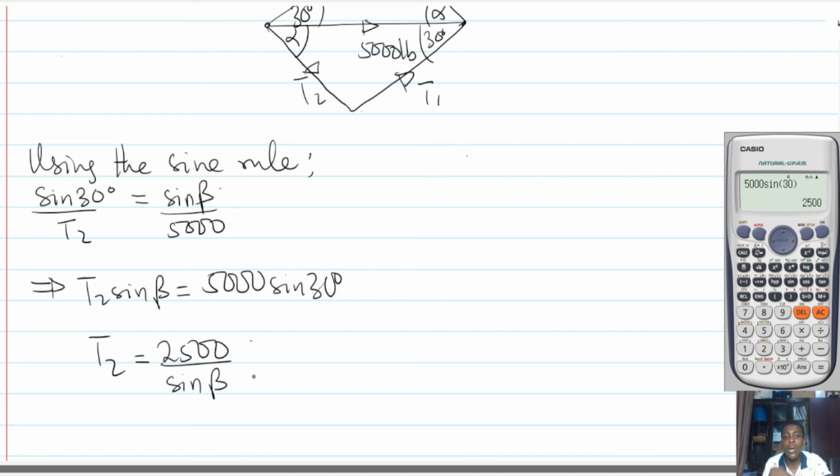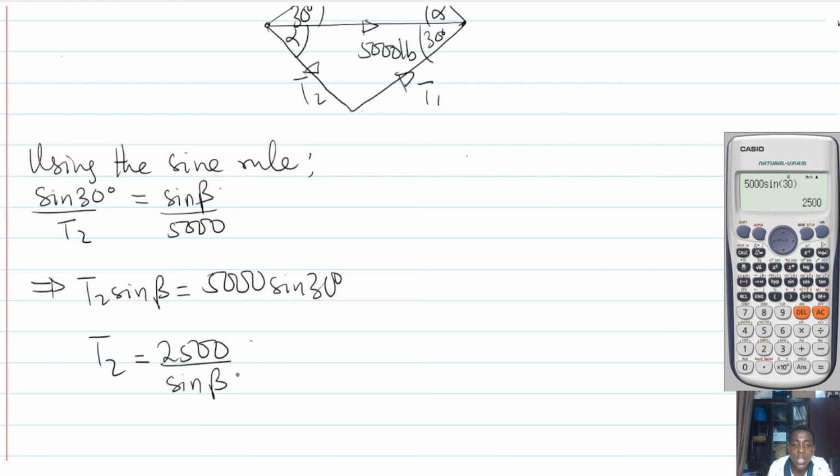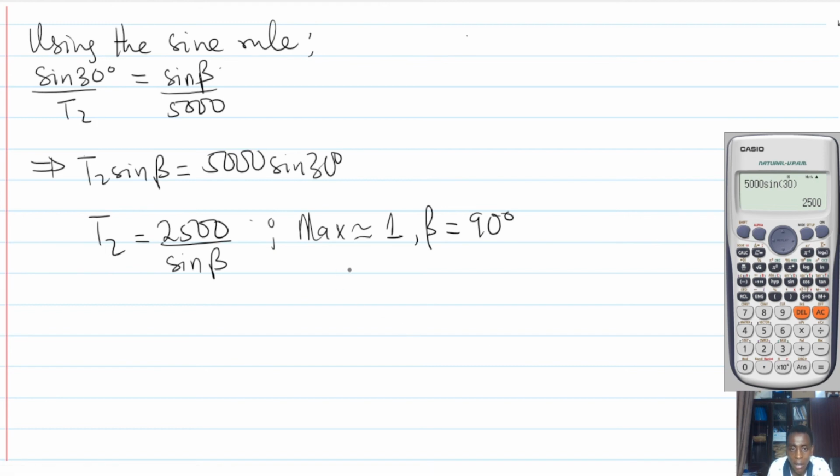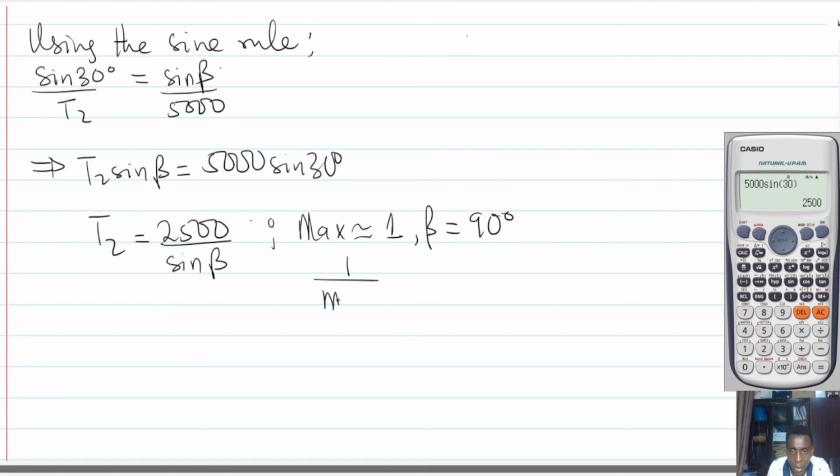So the question is, if I want the minimum force, then the minimum force is going to be a function of sine beta. But the maximum value of this sine beta is actually 1, which occurs at beta equals 90 degrees. In other words, whenever I divide 1 over maximum, I'm going to get minimum.